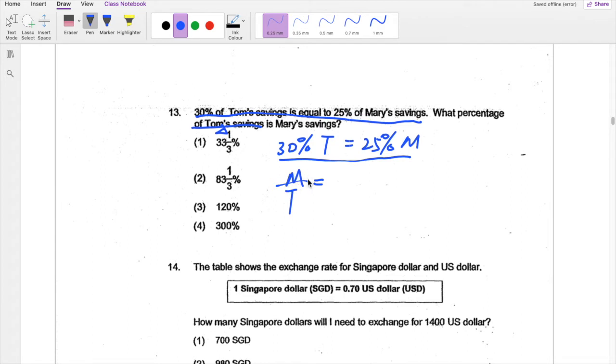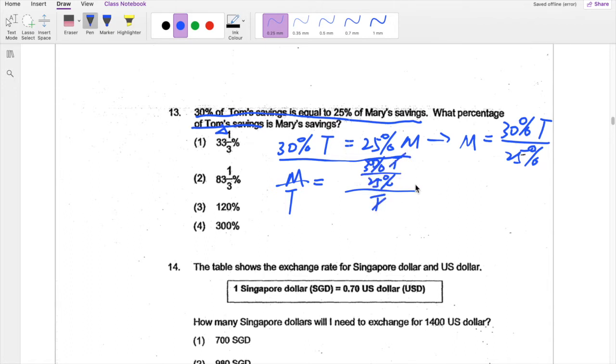We find M first. We divide to this side, so M equals 30% of T divided by 25%. So M divided by T equals 30% T divided by 25%, divided by T.